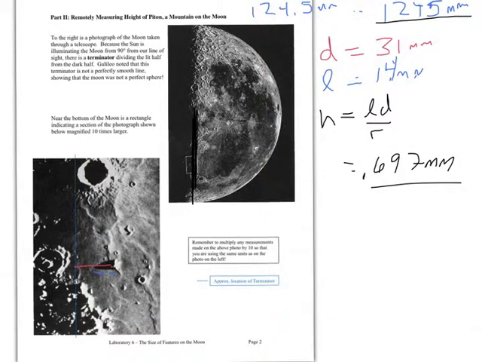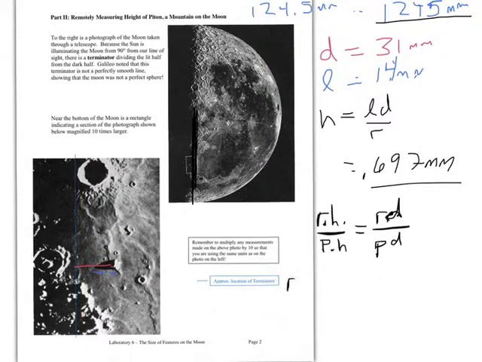You can just fill in the things, but the real height, I'll say real height for RH, over the photo height is the same as the real diameter of the moon divided by the photo diameter of the moon.